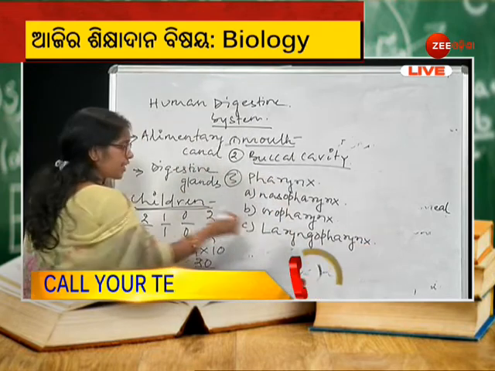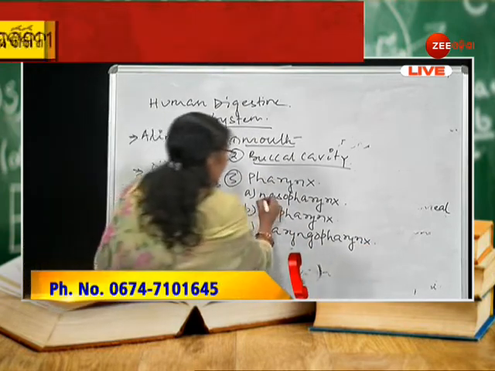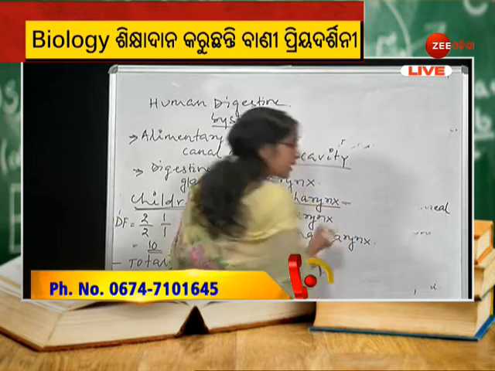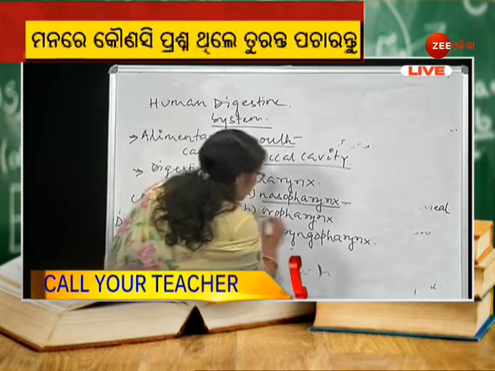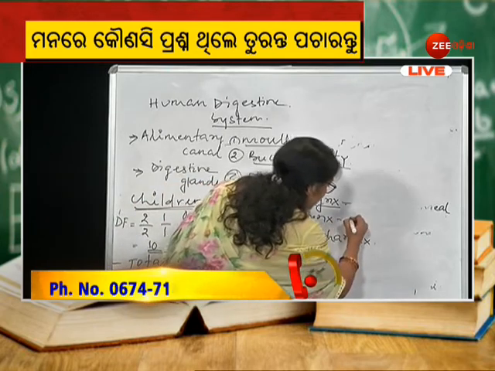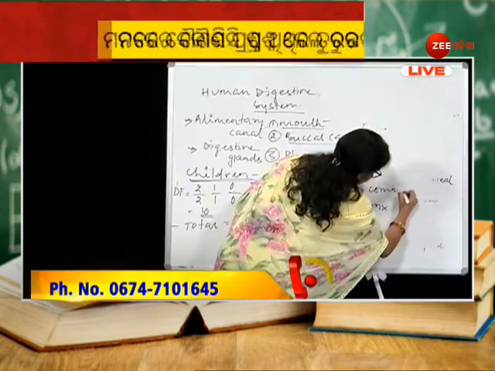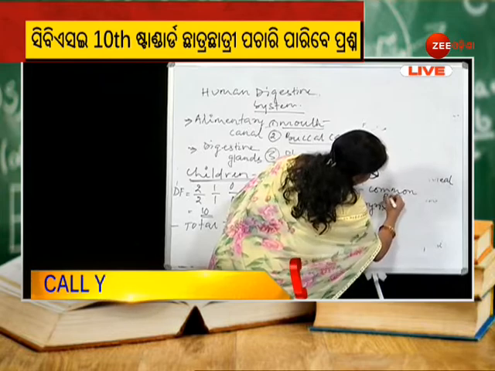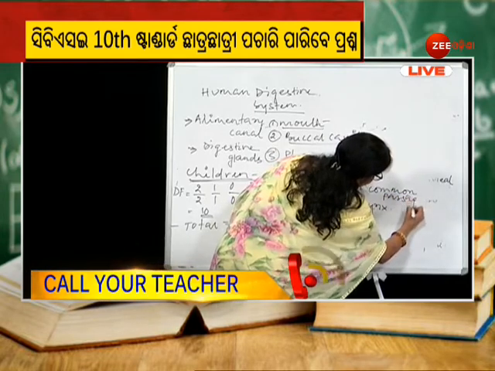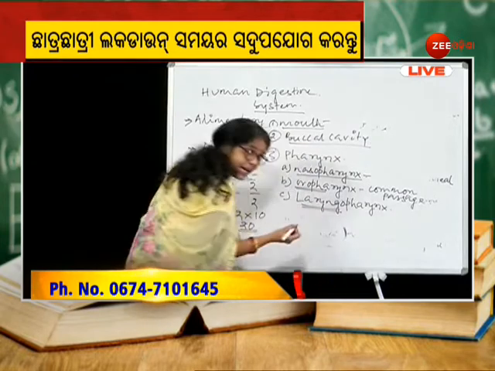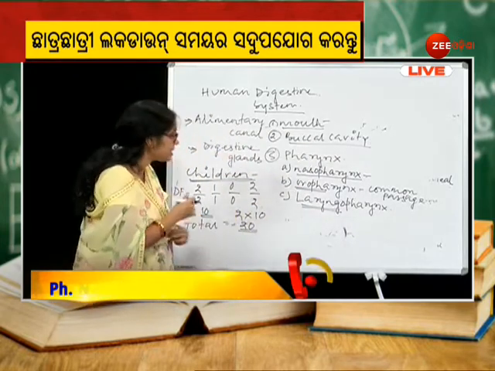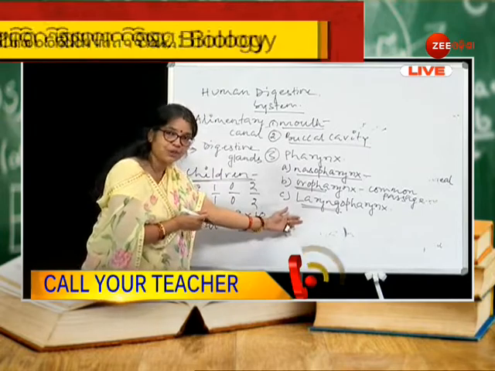These are the 3 divisions of the pharynx. The nasopharynx is connected with the eustachian tube, which is connected with the ear. The oropharynx is the common passage present in both the respiratory and digestive systems. The laryngopharynx is connected with the larynx.